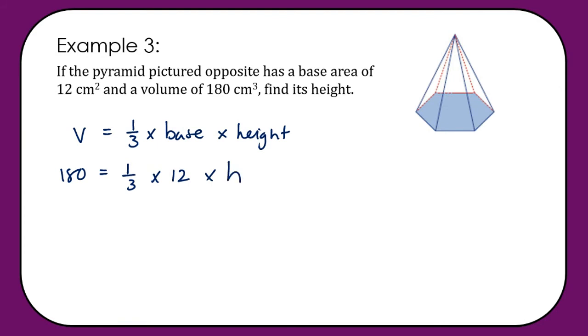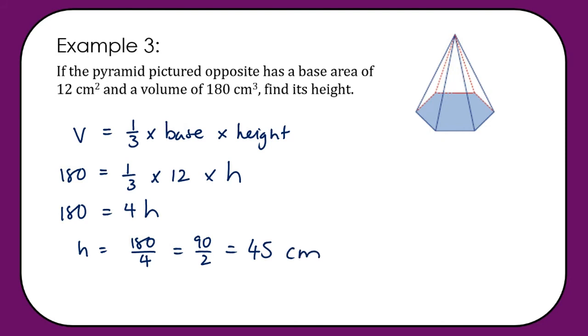So we have 180 is 1/3 times 12 times some unknown height, and we can solve for h. So 180, 1/3 times 12 is 4. So h is 180 over 4, which is 90 over 2, which is 45. It's a height, which is a length, so the units are just centimetres.